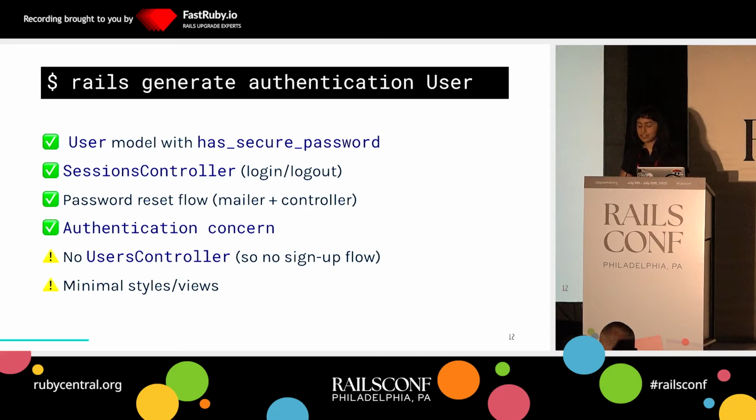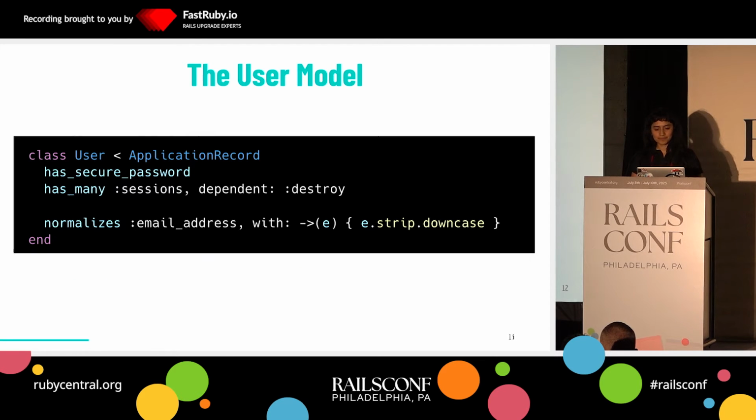It has an authentication concern that is included in the application controller, but it doesn't include a users controller because it's not a registration generator. And of course, minimal styles and views that you for sure want to customize.